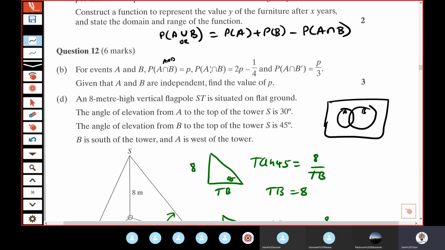The probability of not A and B, but having B, is 2P minus a quarter. And the probability of A and not having B is P on 3. Given that A and B are independent, find the value of P.